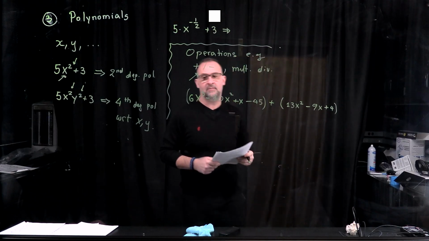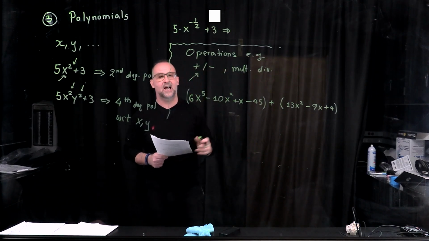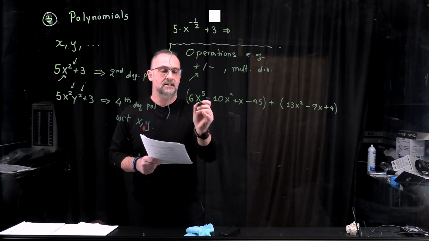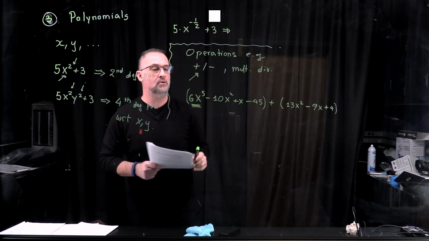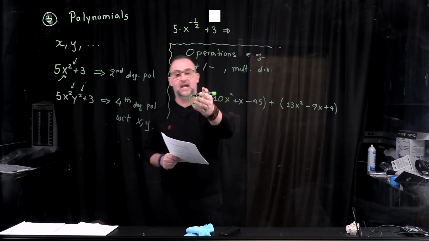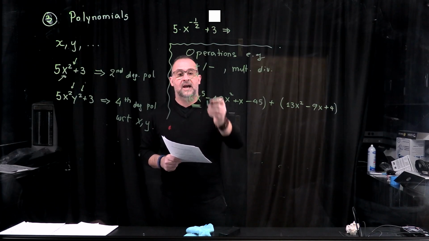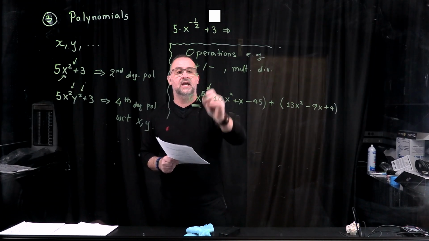So the rule of thumb here is that we add apples to apples and oranges to oranges, meaning that we're going to add the polynomial terms that have the same independent variable, x's with x's. And as long as they have, of course, the same exponent.